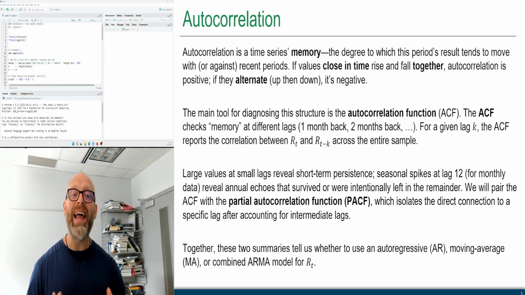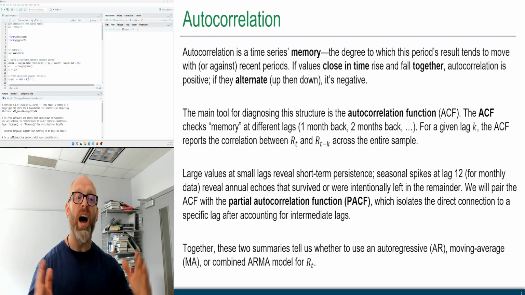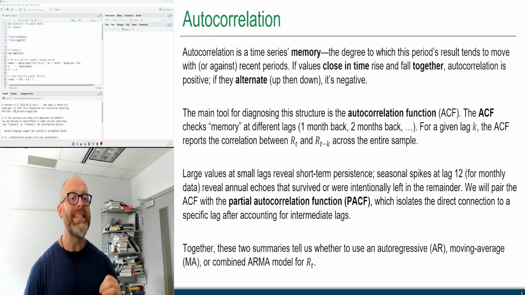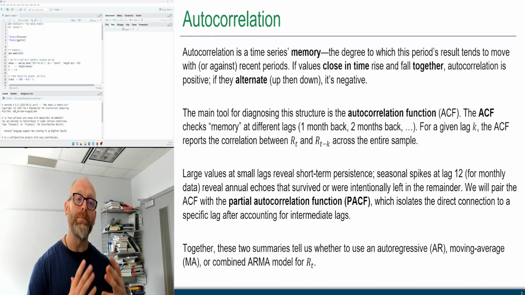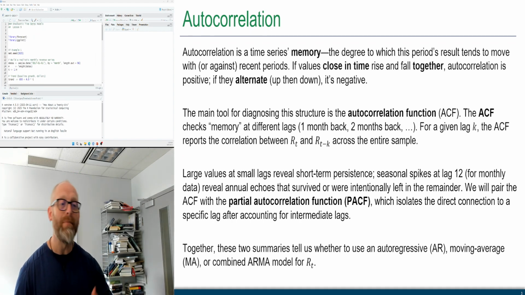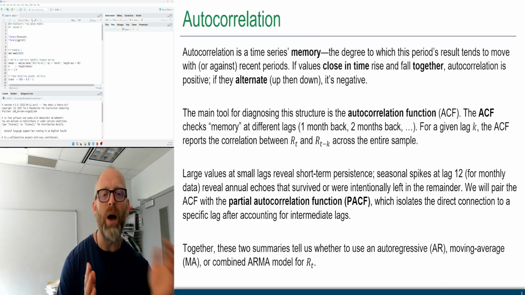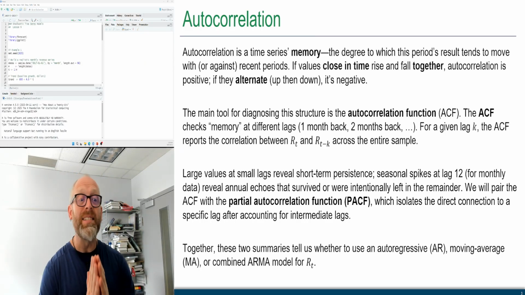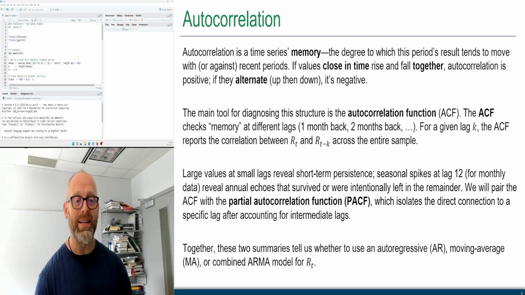So for a given lag K, a given jump in time by K spots, the ACF reports the correlation between what remains at R sub T and R sub T minus K or plus K, depending on how we're thinking about that shift. And again, this is done across the entire sample space.